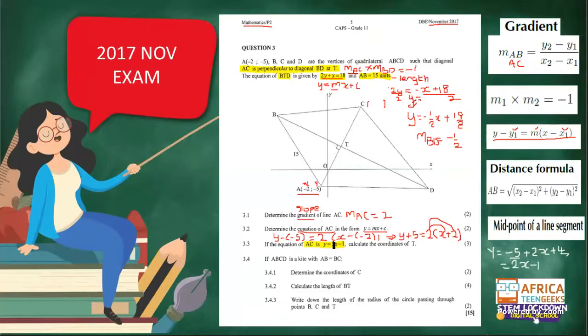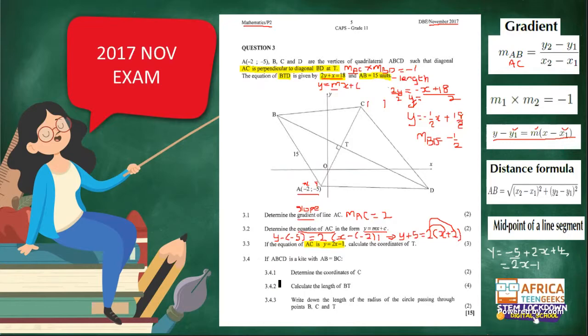So in the third case, you're given the equation of AC, and now you are required to calculate the coordinates of T. Okay, so what do you think you need to do?